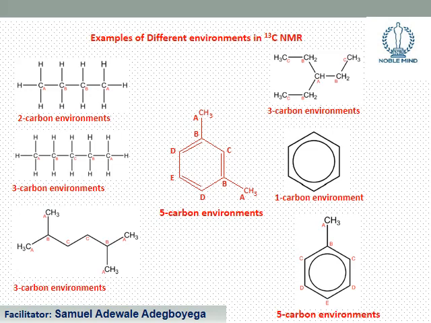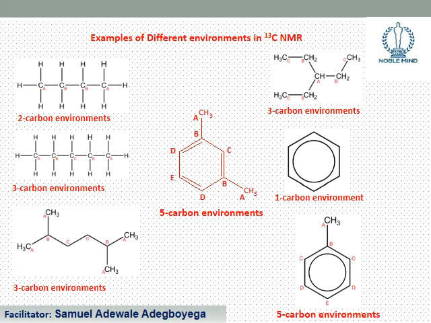If you group them based on the nature of surrounding atoms, those grouped as environment A are CH3 bonded to CH2, and on the other side CH3 bonded to CH2, so they have similar environments. Those called B are CH2 bonded to CH3 and then to CH2. The other CH2 is similar, so we group them as having 2 environments.